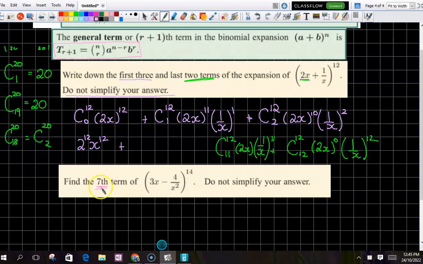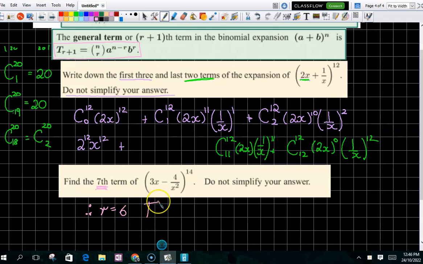If I want the 7th term, what is R going to be? It won't be 7. If I make R 7, 7 plus 1 gives me 8, and I'm then finding the 8th term. So if I want this 7th term, R would have to be 6. So you always go 1 less. That's the main thing you need to know. And then the formula is just straight substituting in. Does that make sense? So therefore, R would be 6.